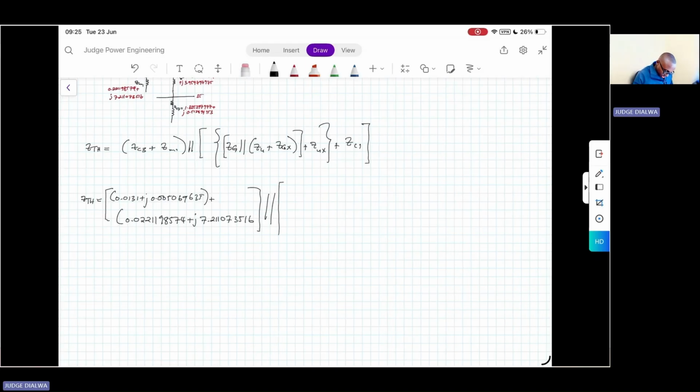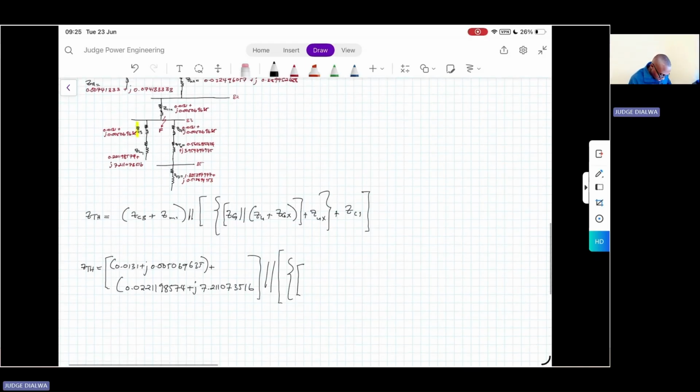And that will be the impedance of our generator. The impedance of our generator, as calculated earlier, is 0.00741133 plus j 0.0741, right?